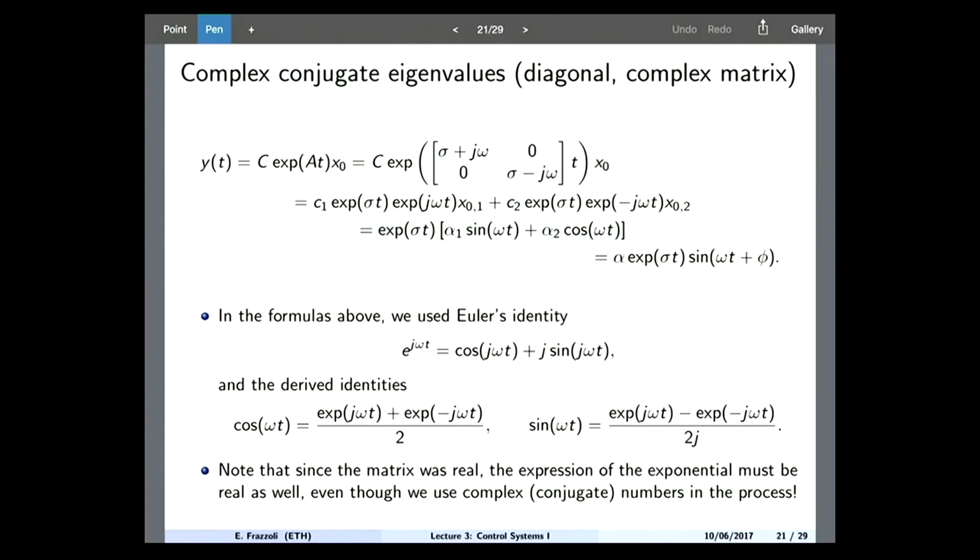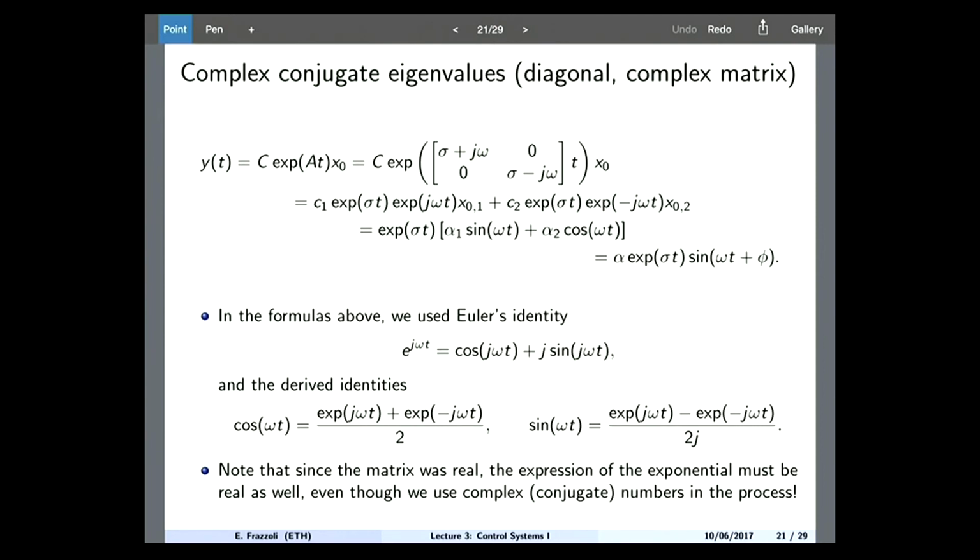Okay? So it may be the case that when you diagonalize this matrix, what you will get on the diagonal is two complex conjugate numbers. Let's call sigma the real part of these numbers, and omega the imaginary part.